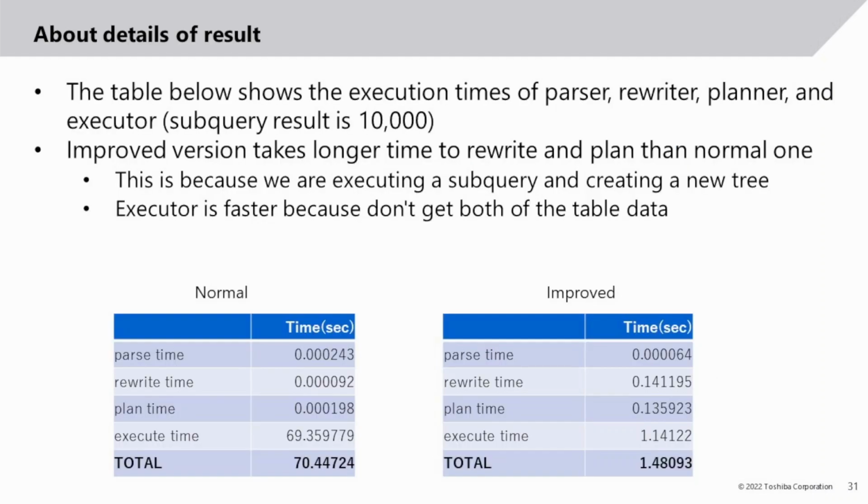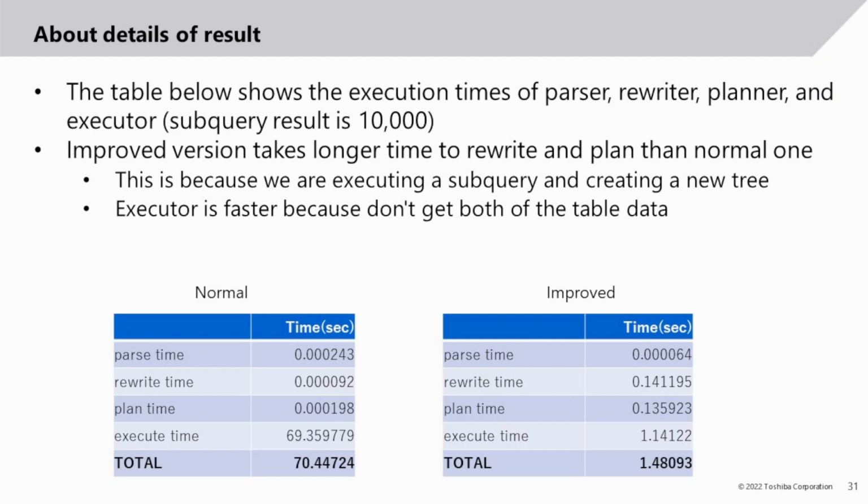Next is the detail of time for the Postgres basic flow. This is the case where the amount of subquery results is 1000. Parse, rewrite, and plan times are fast, but execution time is very slow. In contrast, improved has almost the same parse time, but rewrite and plan time is slow.